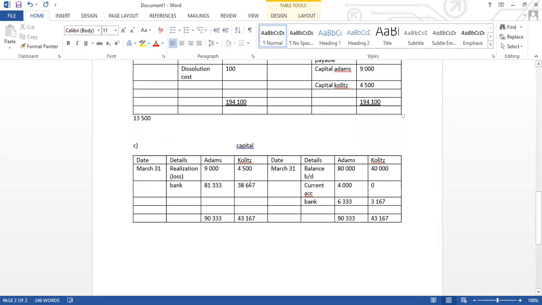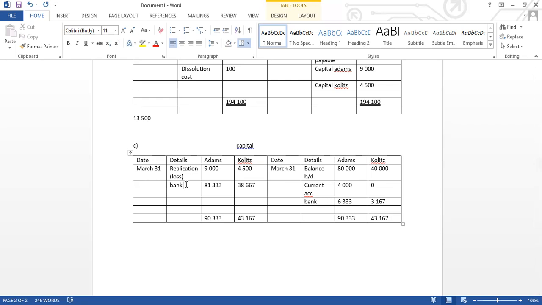However, these partners are entitled to receive 81,333 plus 38,667. It's actually the 120,000, and that's the share. You remember that the 120,000, you are told that they received shares.